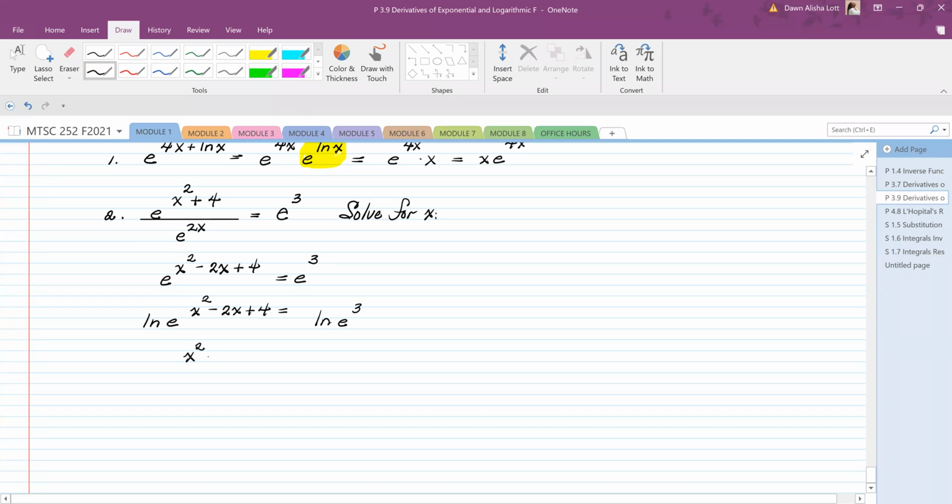So x squared minus 2x plus 4 is equal to 3. So what does that say? x squared minus 2x plus 1 is equal to 0. Where did you get 1 from? I subtracted 3 from both sides. Oh, okay. And then this is x minus 1 squared. So x is equal to 1.